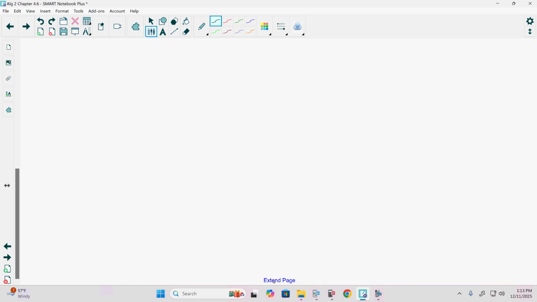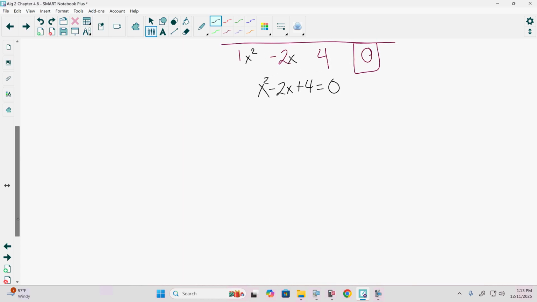Now, square root method is out too, which means it's either completing the square or the quadratic formula.